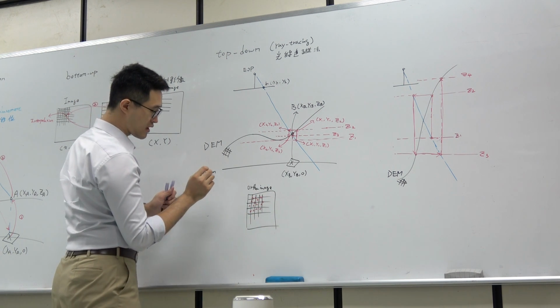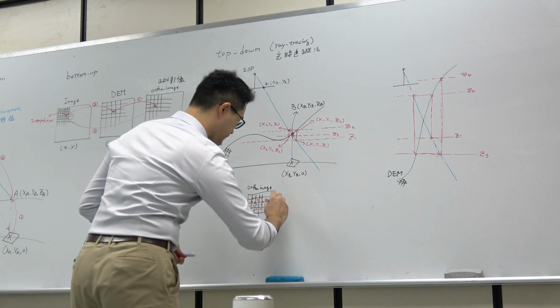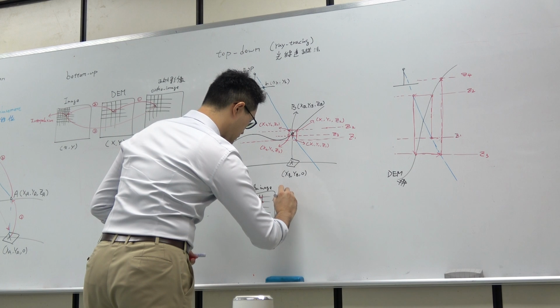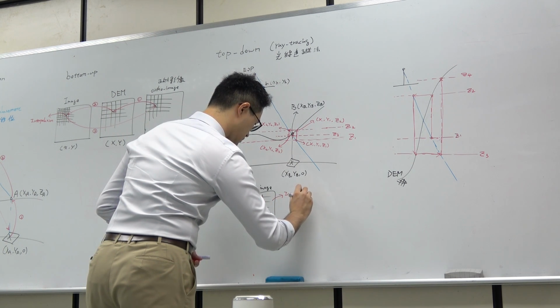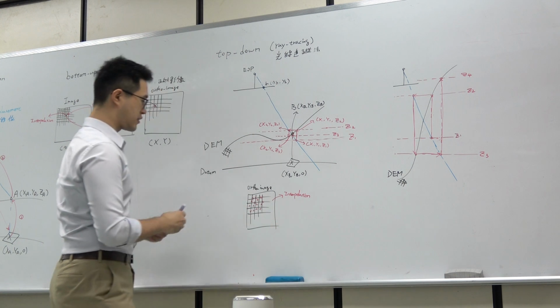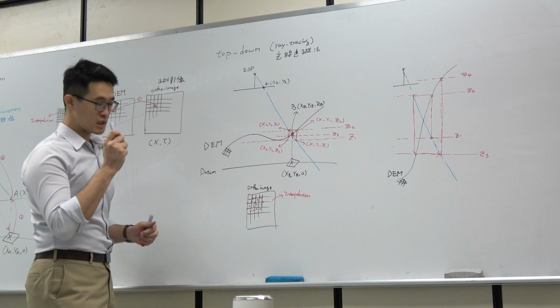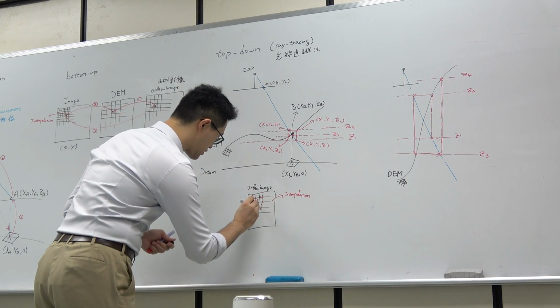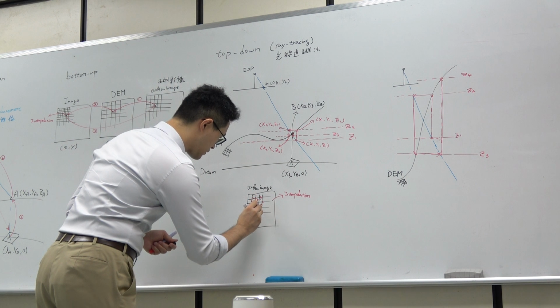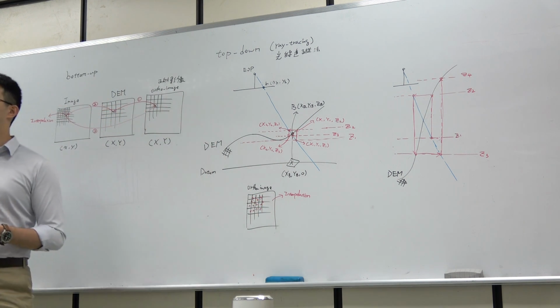So after that, you need to perform interpolation to find the supposed square value for the center of each pixel, those black dots.